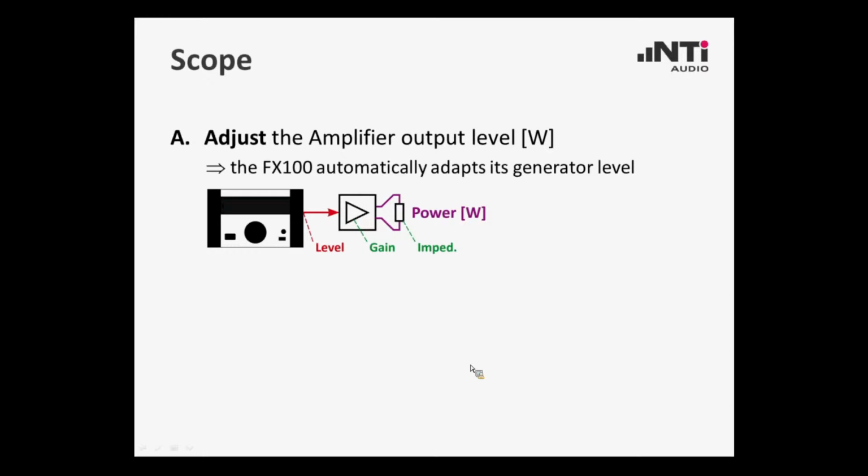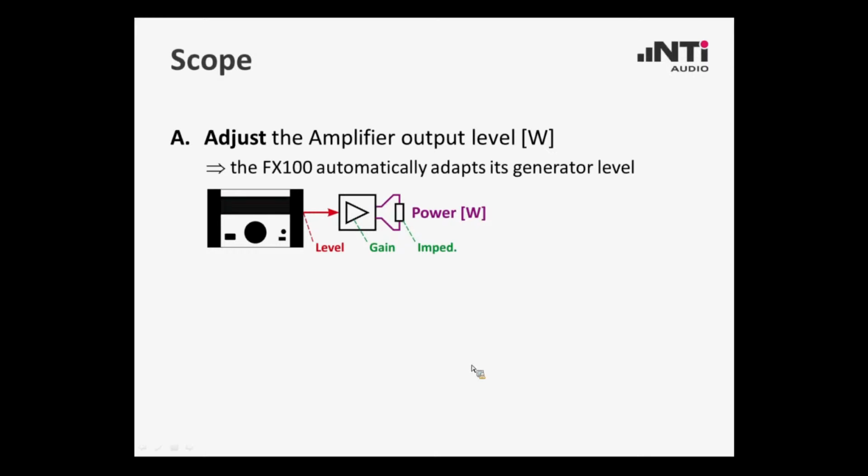So let us take a closer look at these typical applications that we support with the FX100. The first of all is to adjust the amplifier output level in a way that the power dissipation in the load reaches a certain predefined value.